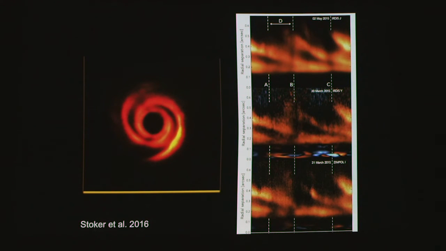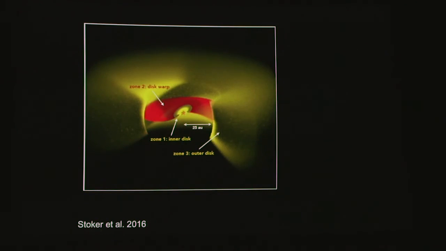So they basically took that circular image, pulled it apart to try and analyze it, and then they built a model where they assumed that there were actually multiple disks involved. So you didn't have just a single disk, but you had an inner disk that was tilted with respect to the outer disk. And there's a connective zone, this red region, that connects the two disks.